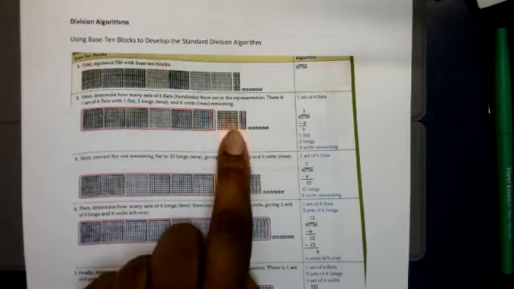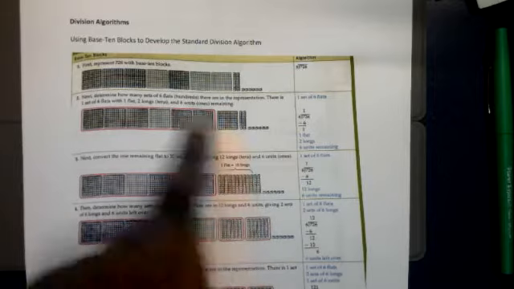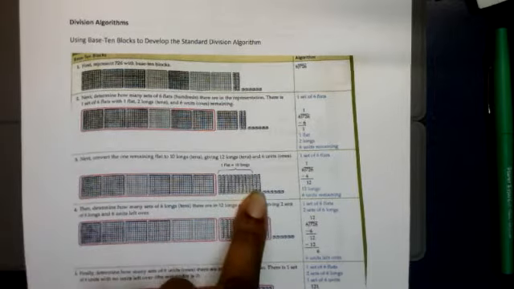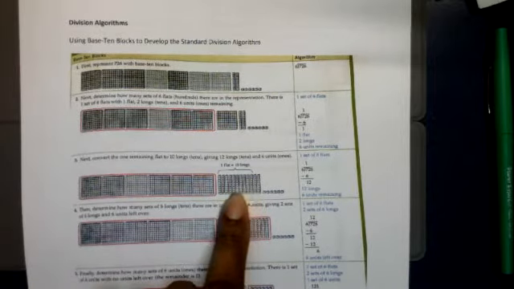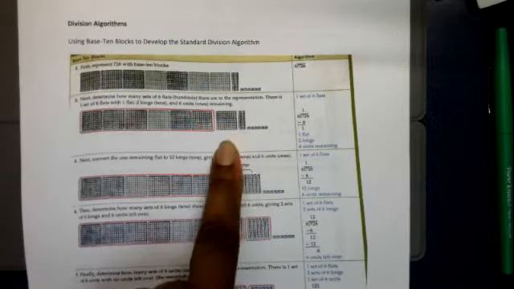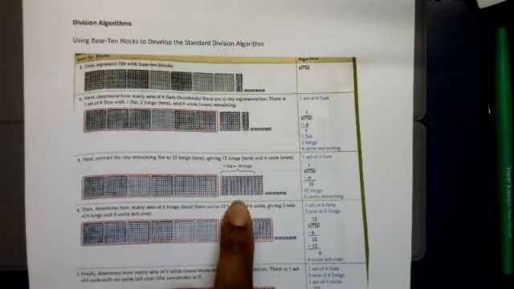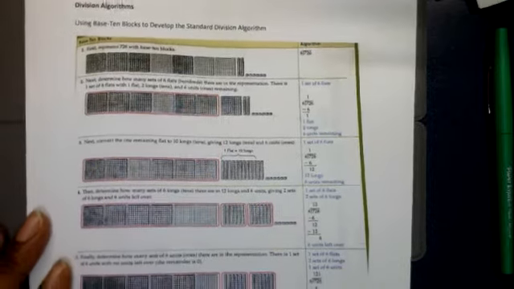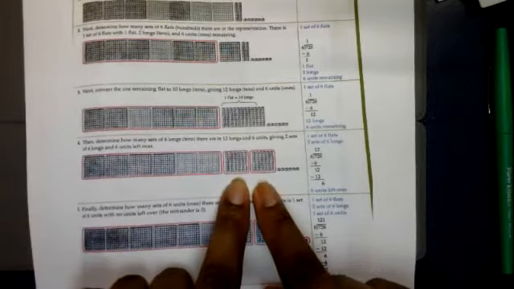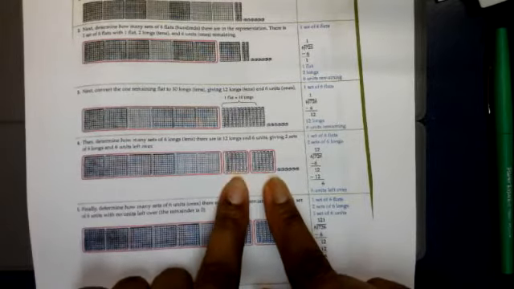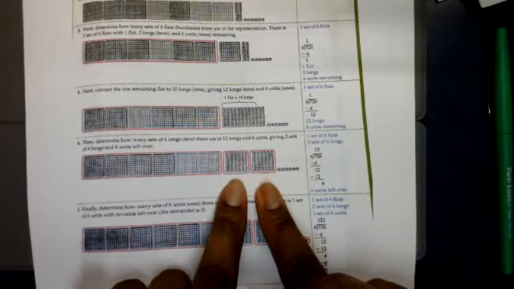Now that 1 flat, we're going to convert that into 10 longs, as you can see. And now we're going to determine how many sets of longs, which will be your 10s, are there in 12 longs and 6 units. In groups of 6, we got 2 sets of 6 longs with 6 units left over.